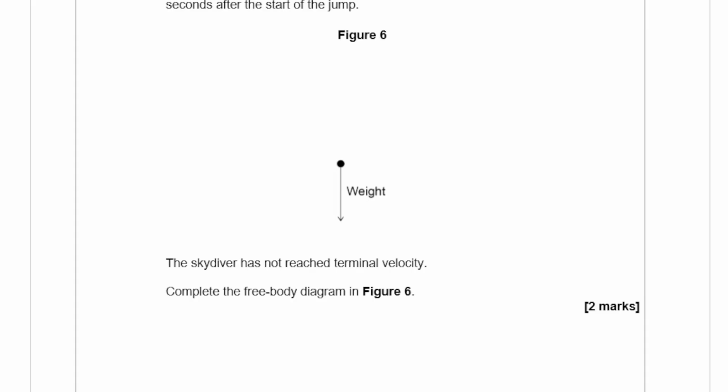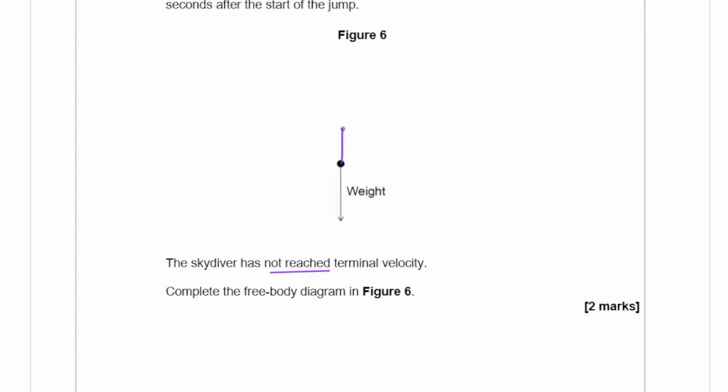The skydiver has not reached terminal velocity. Complete the free body diagram in figure 6 now. Because he has not reached terminal velocity, the arrow should be a straight line going from 0. Let me redraw that.